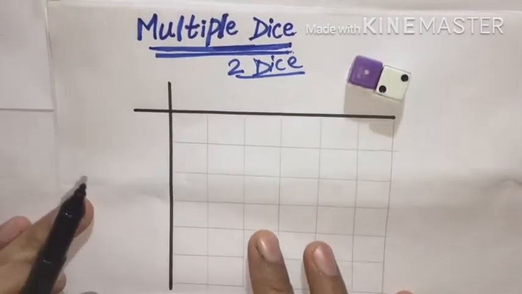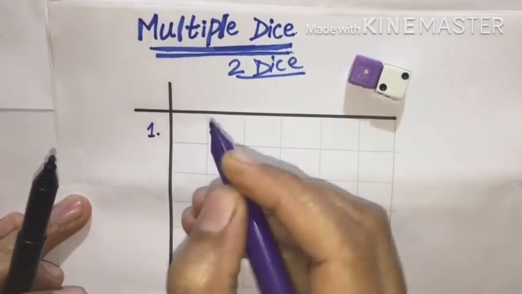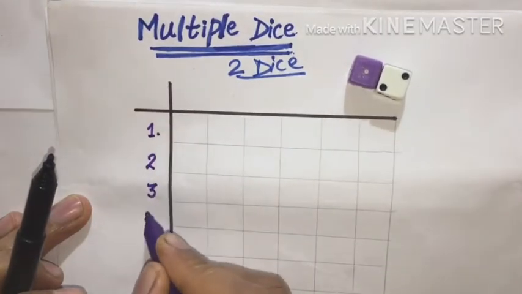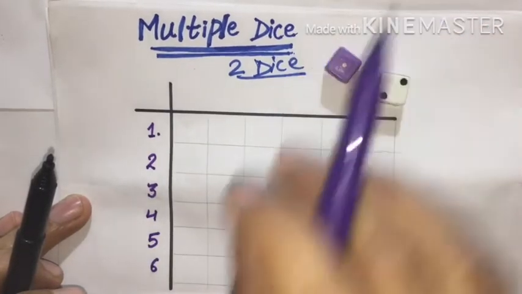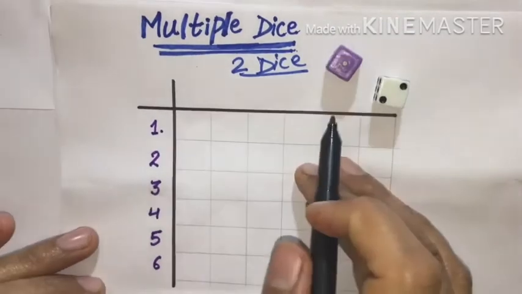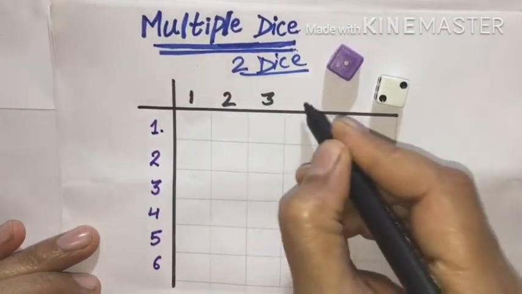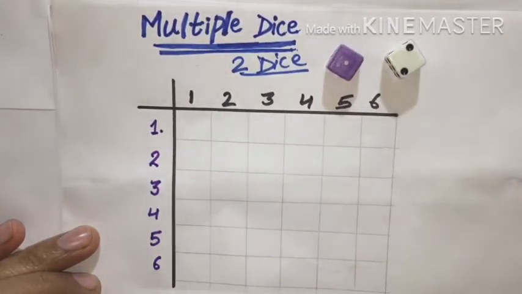So what we will do first, we will make a table like this. These 1 2 3 4 5 6 are the cases for the purple dice, and on the other side again we will write the same thing, 1 2 3 4 5 and 6.